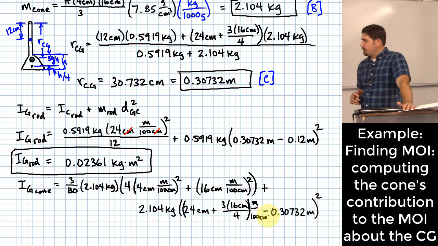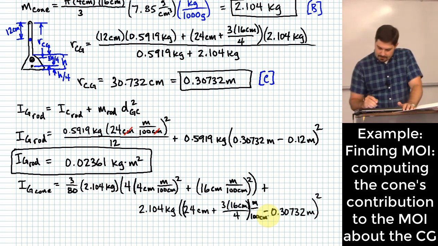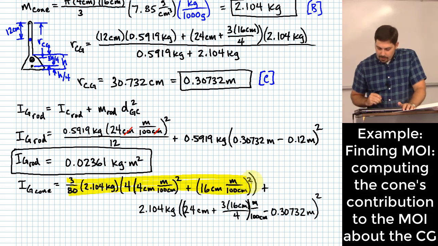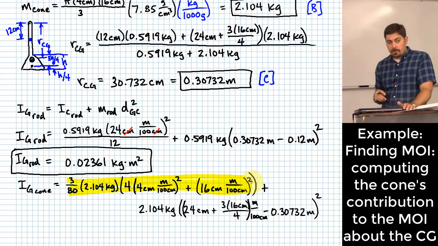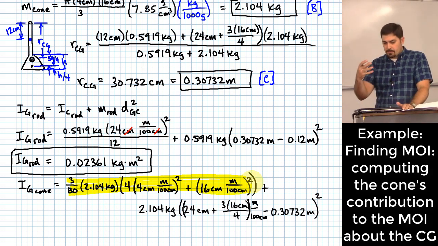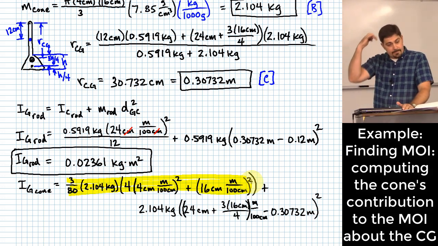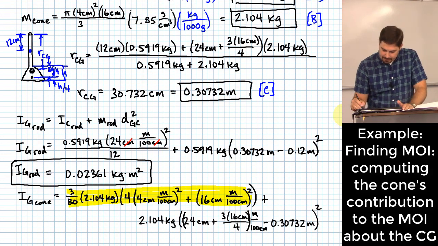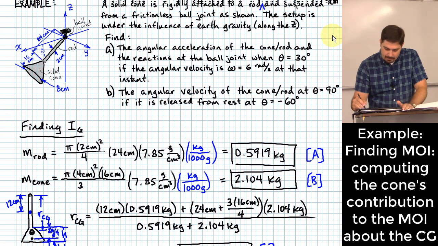Okay. So again, the first big old term up here is the moment of inertia of the cone about its own centroidal axis, or its own center of gravity axis. Okay, and by the way, I should probably illustrate that axis for you up here.